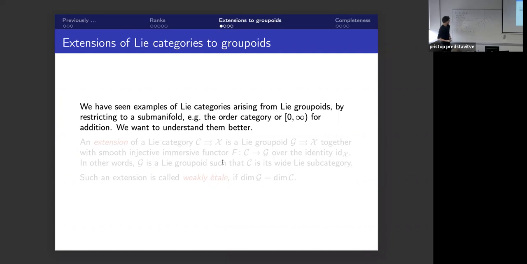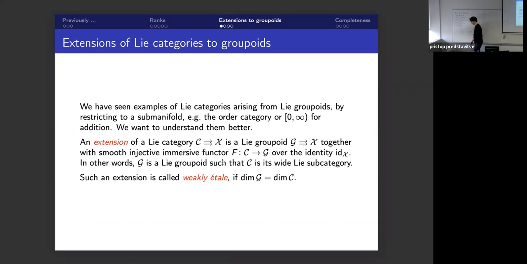So this is what's meant to be the order category. Okay. And such examples of Lie categories that arise in this way should be understood better, because they're the examples that you usually have in mind when dealing with Lie categories.